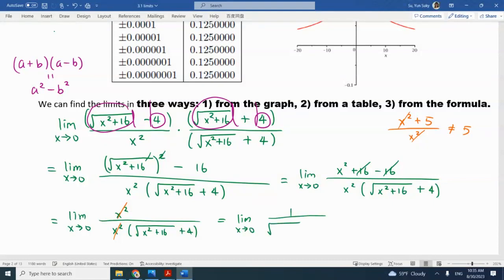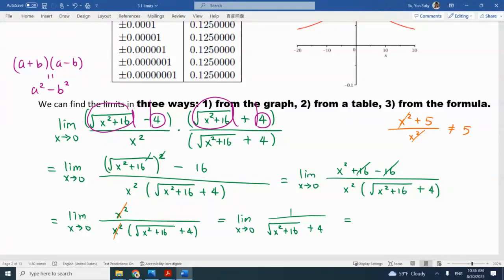Okay, so 1 over the square root of x squared plus 16, plus 4. And please, as long as you still have x in the expression, you have to put the limit at every step. Okay, everybody? Because it's very important. You must carry the limits every step as long as you still have x.